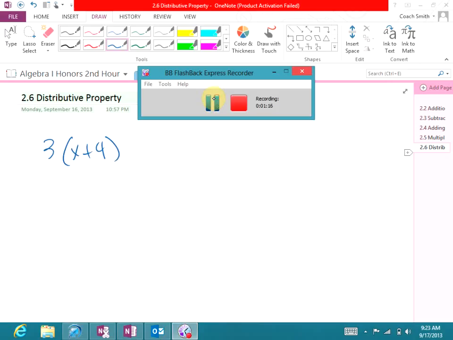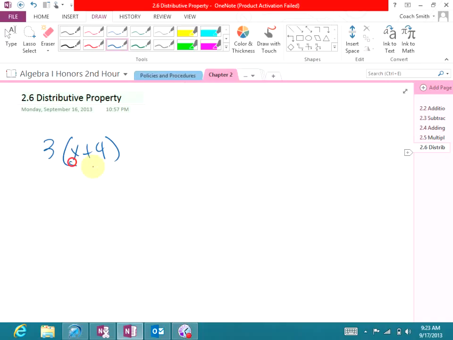All right. Where most people have problems with the distributive property is at the end when you're supposed to simplify it, okay? Obviously right here, we can't put x plus 4 together because they're not the same. That goes back to our like terms.